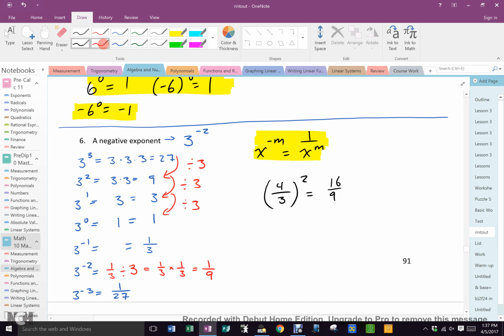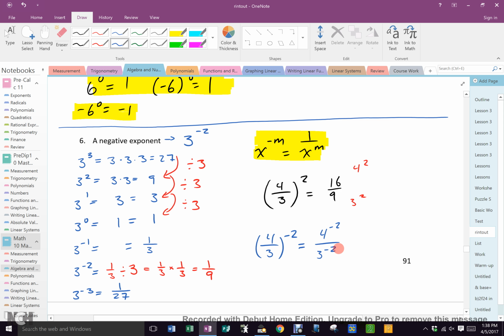What I really have there is 4 squared over 3 squared, yes? Okay. So what then is 4 over 3 to the negative 2? Where does the negative 2 have to go? To both of them. So that's the first step, right, Emily?